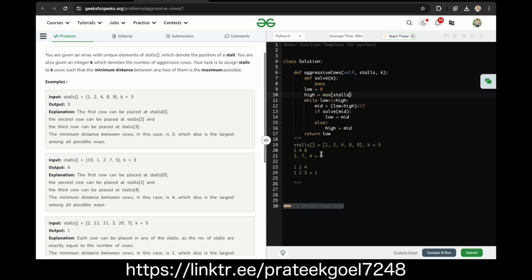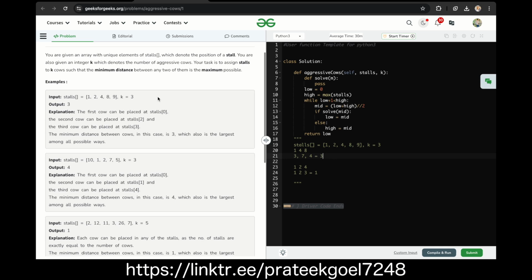How will we verify that this 3 can accommodate all the 3 cows? For that we can sort our stalls, and sorting will help us get the differences.